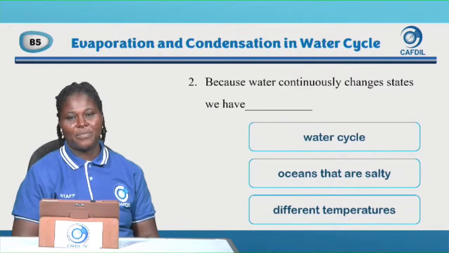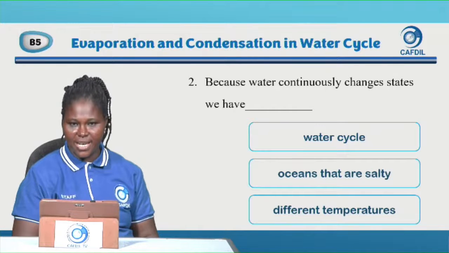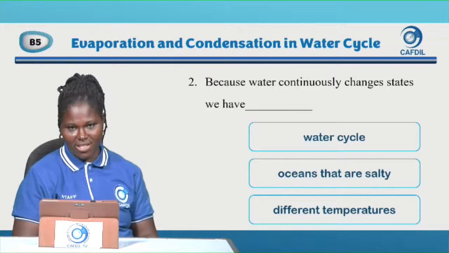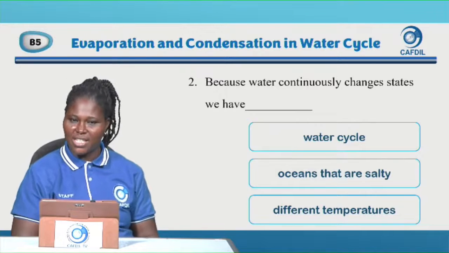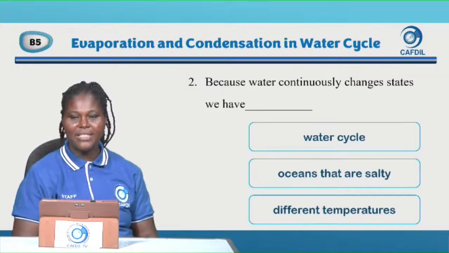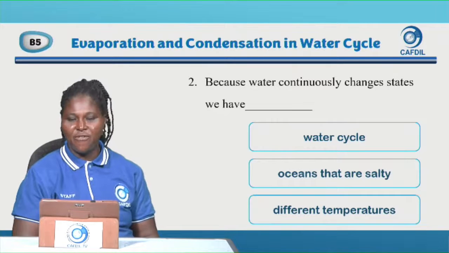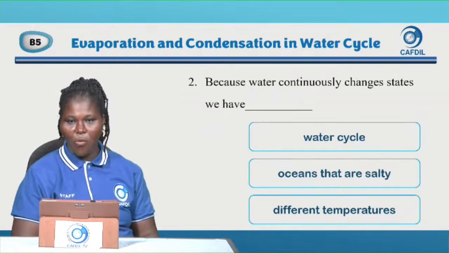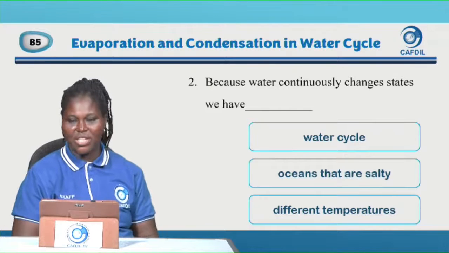Number 2. Because water is continuously changing states, we have dash. We have water cycle, oceans that are salty, or different temperatures.